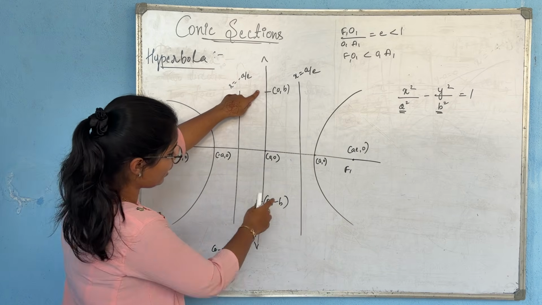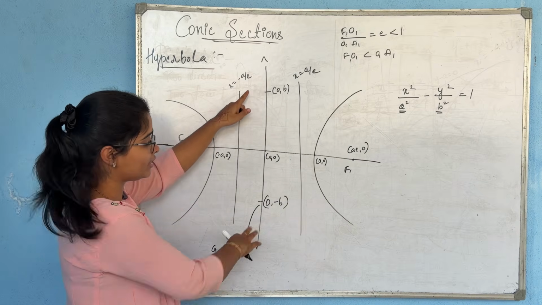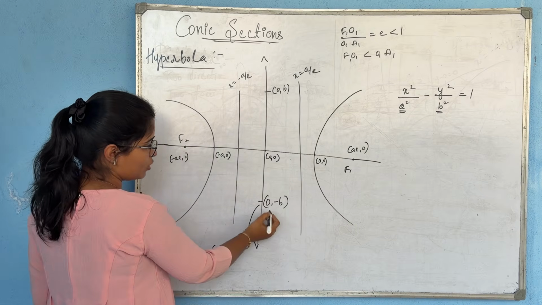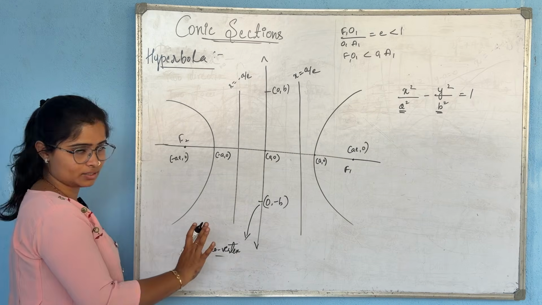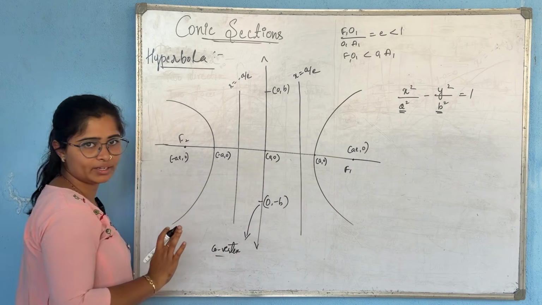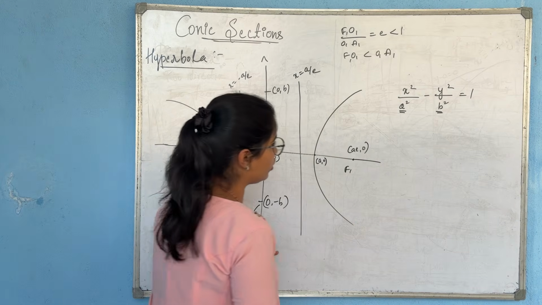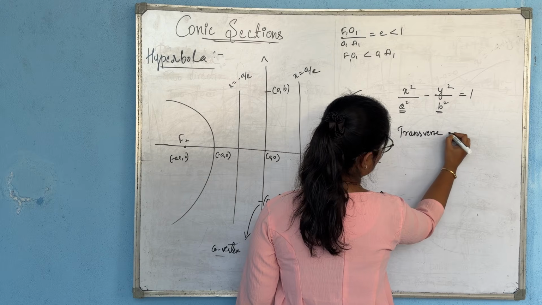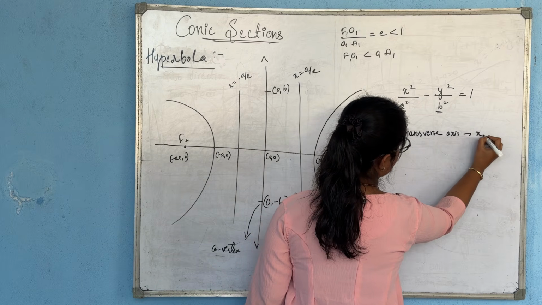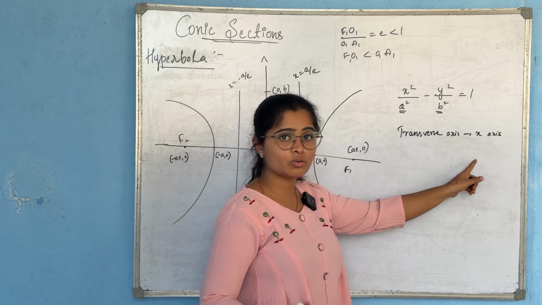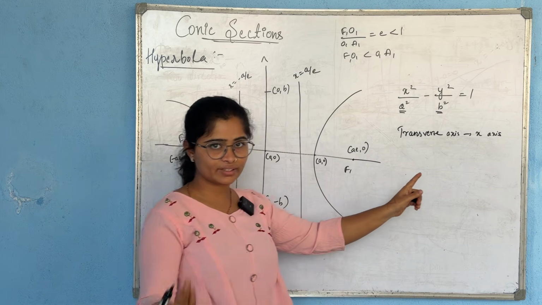And here 0, b and 0, minus b will be lying on this conjugate axis, and this 0, b and 0, minus b are called co-vertex. Okay. And the vertices on x axis will be a, 0 and minus a, 0. Okay. We will write all the information. Transverse axis here is x axis, and this transverse axis only decides what kind of figure that we will be getting.